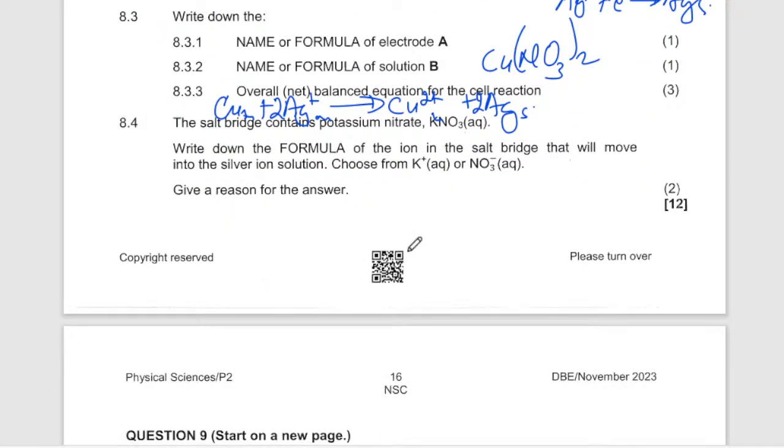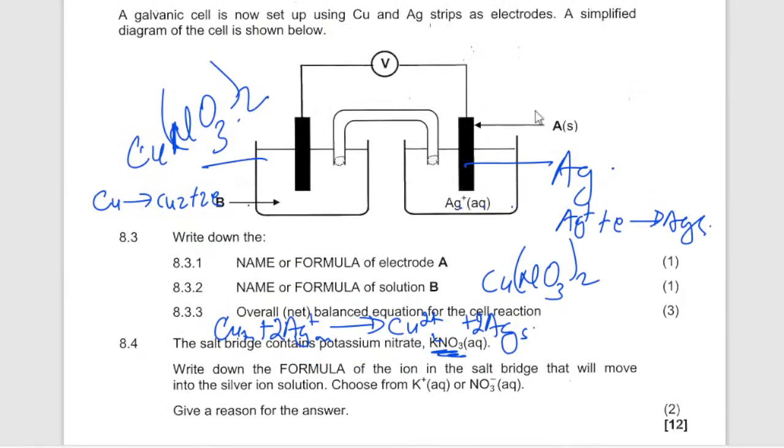Then 8.4, they're saying that the salt bridge contains sodium nitrate, potassium nitrate. They're saying write down the ion that will be moving into the silver solution, and then choose potassium and nitrate. Obviously, because silver is reduced, the strong oxidizing agent.